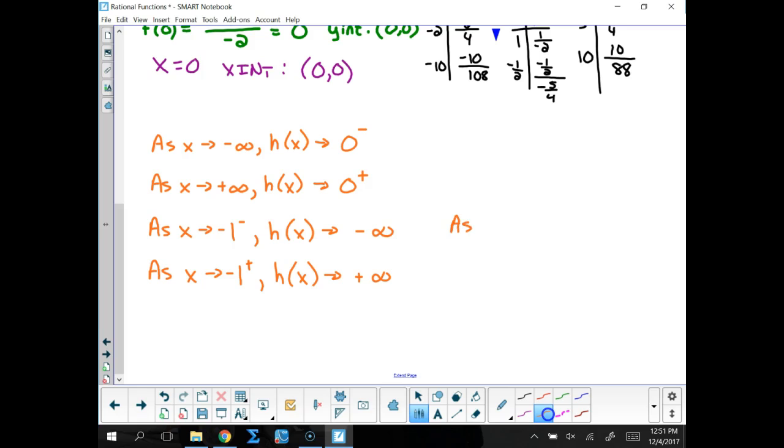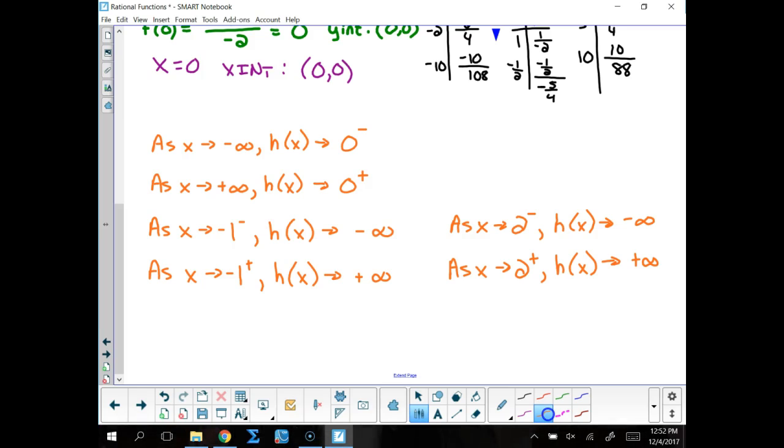Then as x approaches 2 from the left, what's our function doing? And as it's approaching 2 from the right? 2 from the left, negative infinity. 2 from the right, positive infinity. Okay?